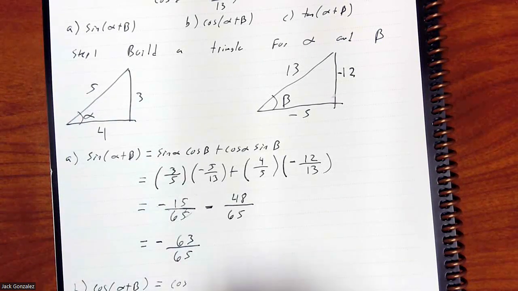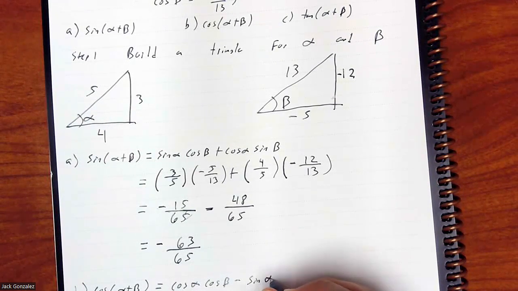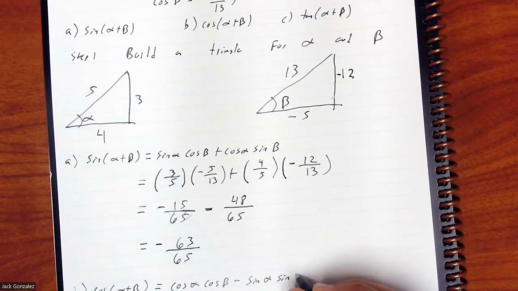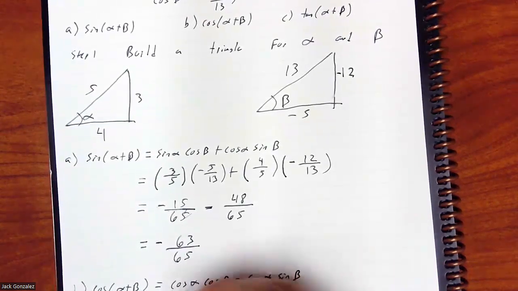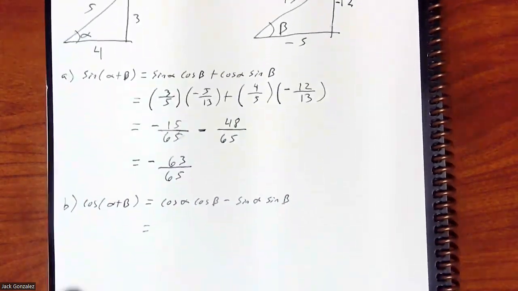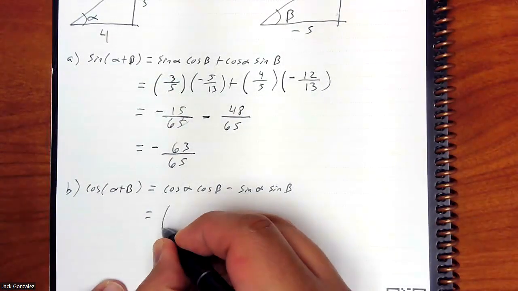Formula says it's equal to cosine alpha cosine beta minus sine alpha sine beta. Cosine alpha is, oops, what is cosine alpha? So 4/5.